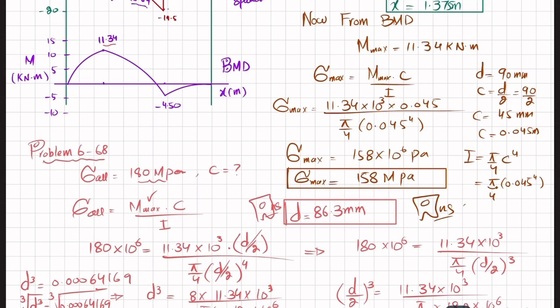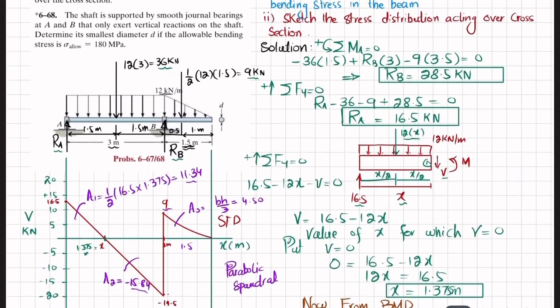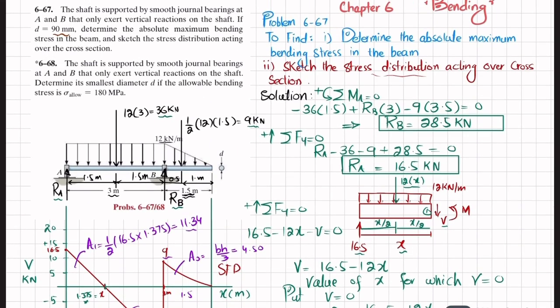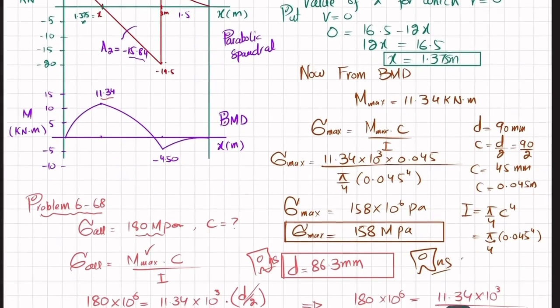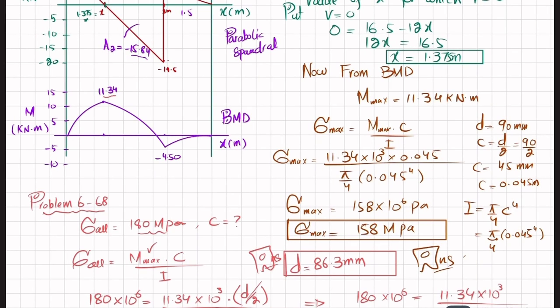Now, the last thing is that in the first part, we have been asked to find the shear stress distribution over the cross section. So let me draw the cross section. If this is the cross section that is shown over here, for example, if this is the rod, like this, and this is the center or neutral axis.